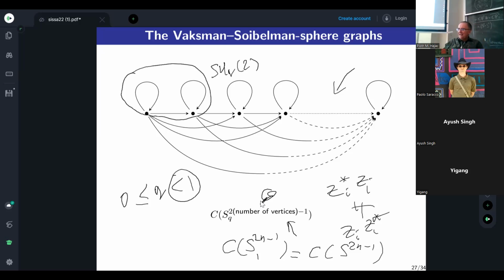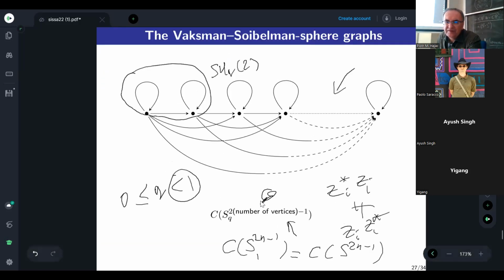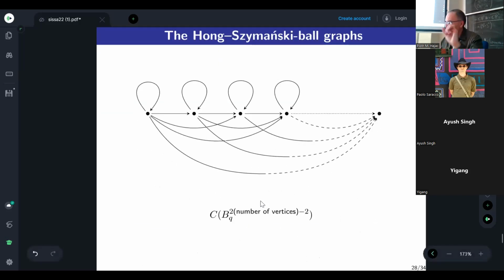And here's an interesting situation because these spheres existed long before Hong and Szymanski proved them to be graph C-star algebras. But these quantum balls were actually defined by Hong and Szymanski as graph C-star algebras.